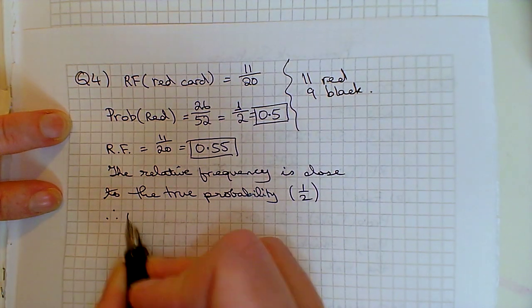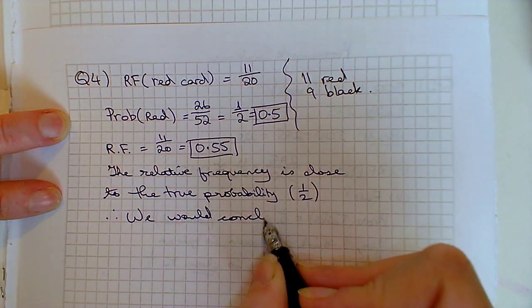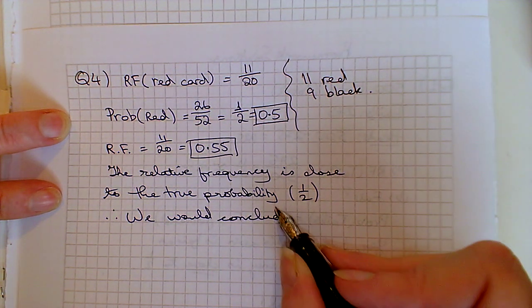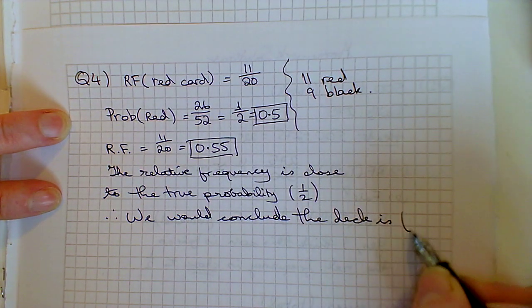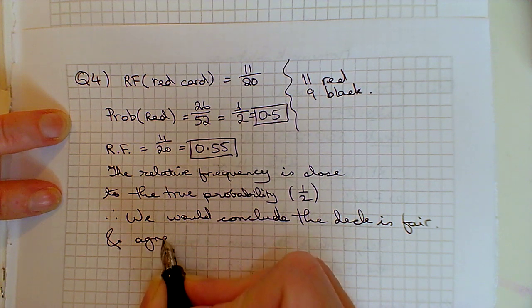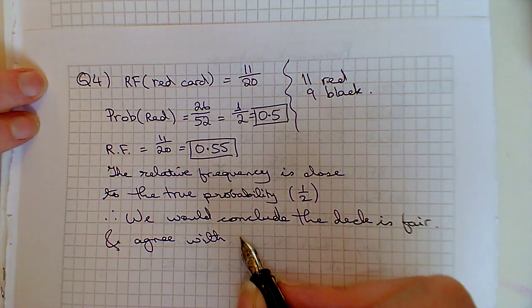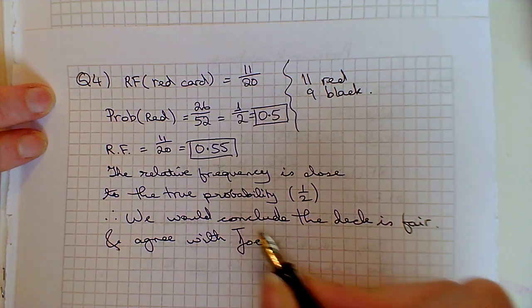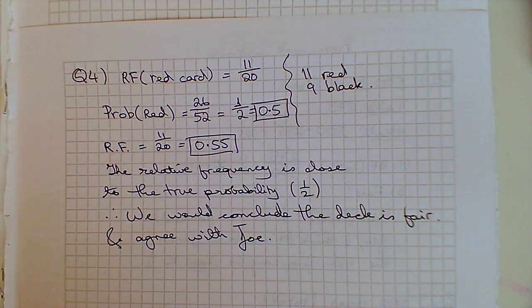So therefore, we would conclude that the deck of cards is fair. And who would we agree with? To agree with Joe. Okay, so that's relative frequency and fairness.